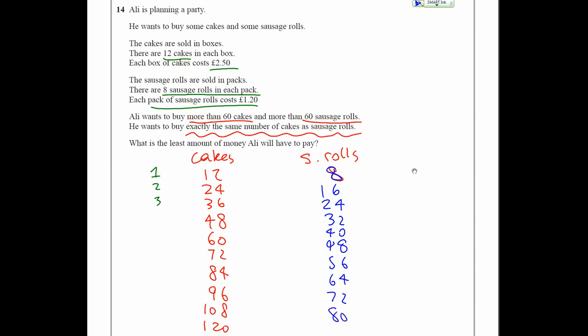Did anyone spot anything when I just wrote 72? It's a repeat. So that means that we want 6 packs of cakes, and 9 packs of sausage rolls.